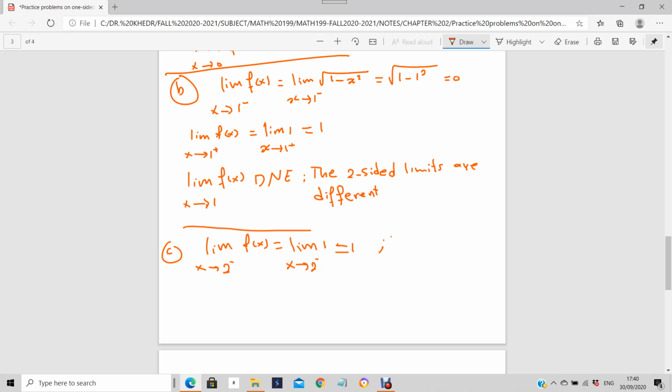And the limit from the right side is undefined because the function does not exist. There is no function, okay?